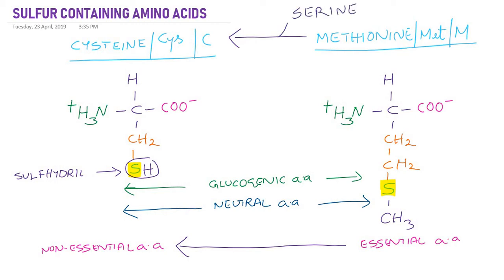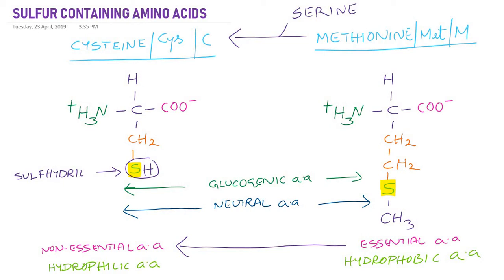That is why cysteine is a non-essential amino acid. Our body can synthesize cysteine from serine and methionine, whereas methionine is purely an essential amino acid. Cysteine is a hydrophilic amino acid, whereas methionine is a hydrophobic or non-polar amino acid.